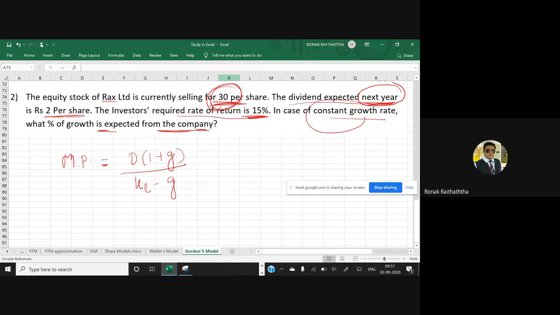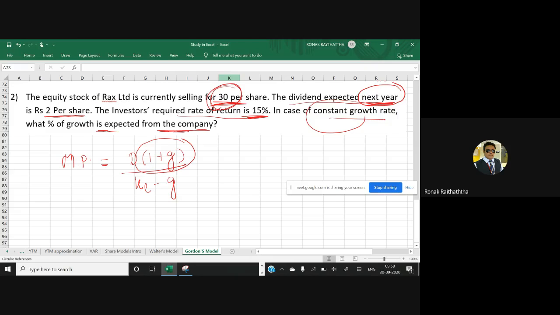You include 1 plus G only in the case where the growth rate effect of the current year is not given. If it is straight away telling you that this is the expected dividend of the next year, that means current year's growth expectation is already taken into account and consideration.